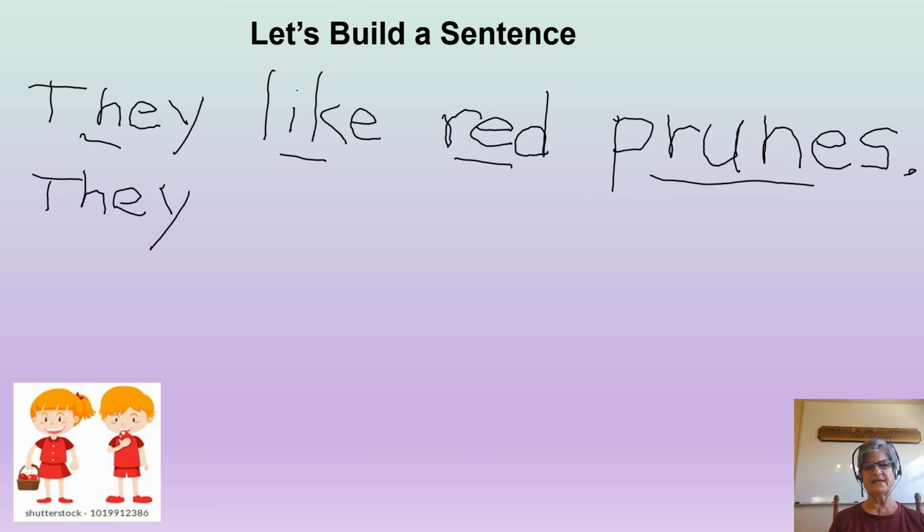So my first sentence said they like red prunes. And then I put a period after that because that's one thought. Now I'm going to write another sentence saying they are good. So I wrote the word they. Our next word is are, and we know how to spell the word are. But what do I do before I write the word are?